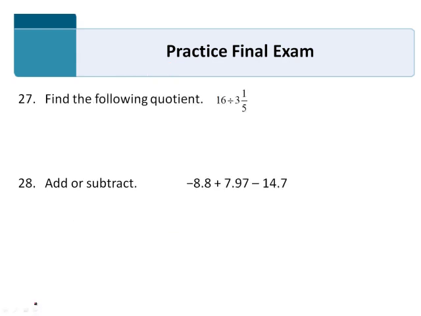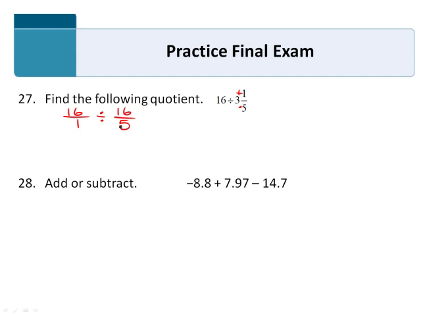Number 27. Find the following quotient. So we have 16 divided by 3 and 1/5. So the first step is you want to change that mixed number to an improper fraction. I'm going to keep it as division for now. 16 over 1, just write that as a fraction there, and then change 3 and 1/5 to an improper fraction. So 5 times 3 is 15, plus 1 would be 16 over 5.